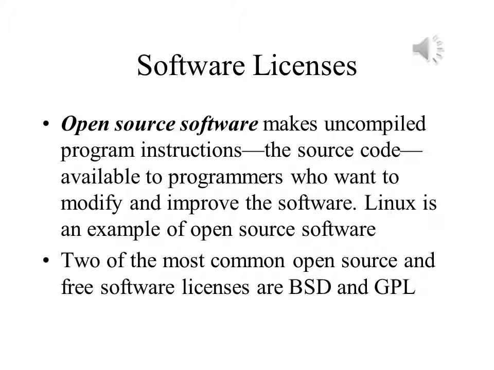This gives others the chance to make modifications that may be included in later versions. The operating system Linux is an example of this. Open source software usage is governed by open source licenses such as BSD and GPL.